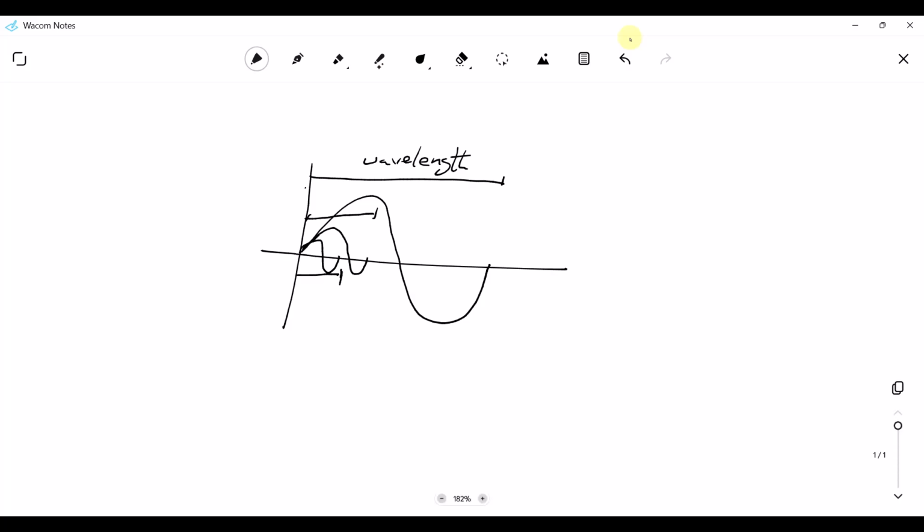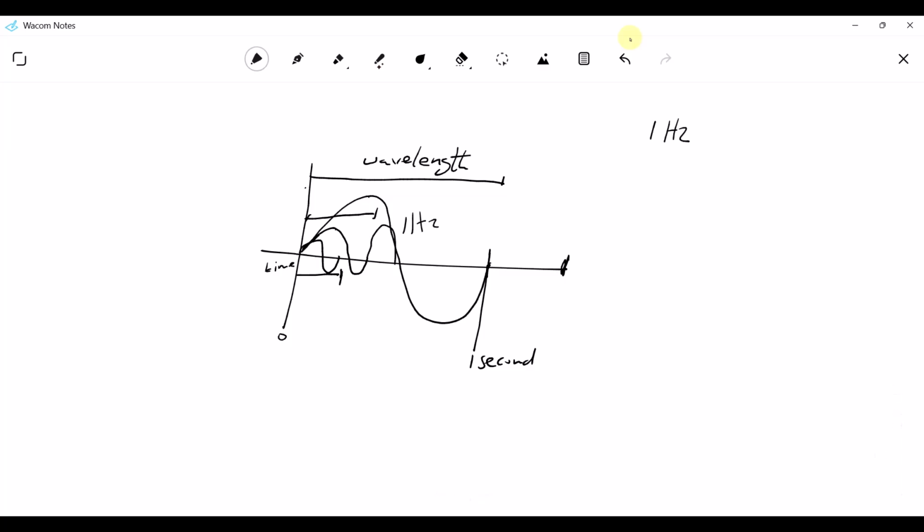This signal is higher than this one, and this one is higher than this one, because if we say that here is the time, 0 seconds to 1 second, the number of cycles that this one made is 1. So it is 1 hertz.